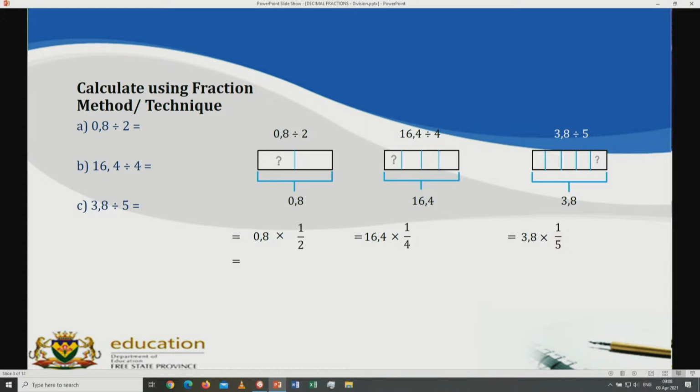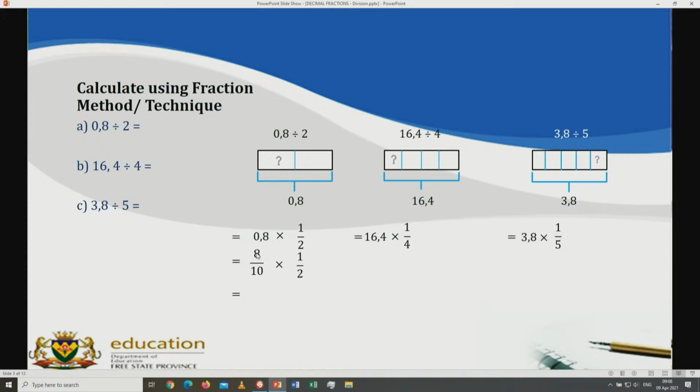Then we can say 0,8, let us convert it into a common fraction, is 8/10. Now let us multiply. Here we can simplify immediately: 2 into 2 goes how many times? 1 time.